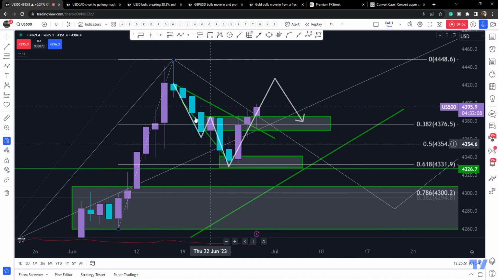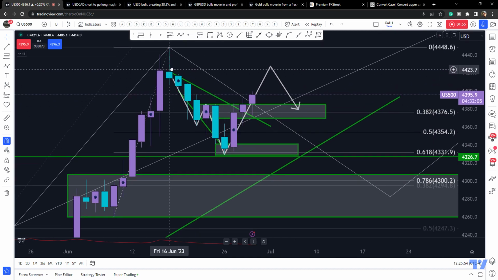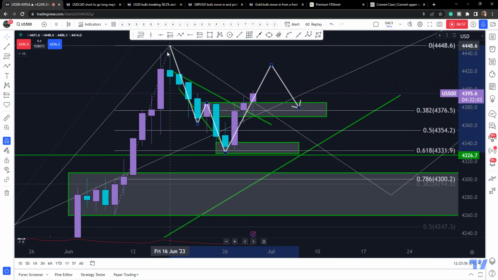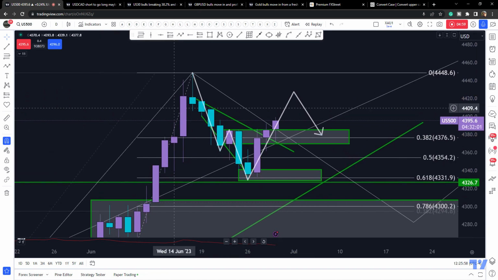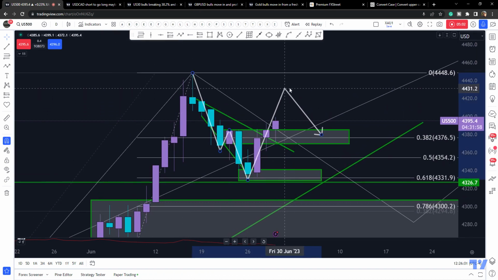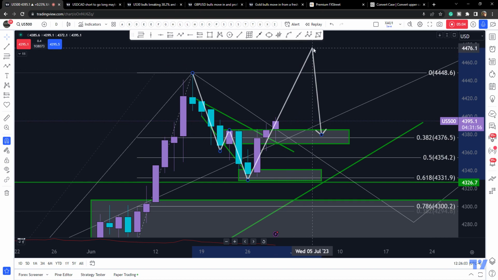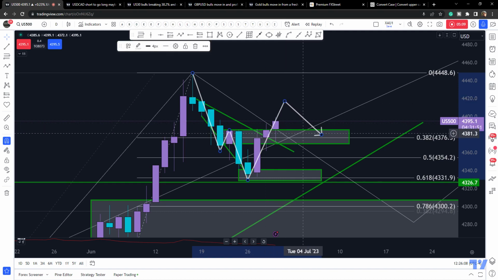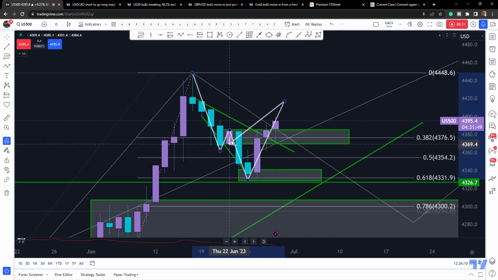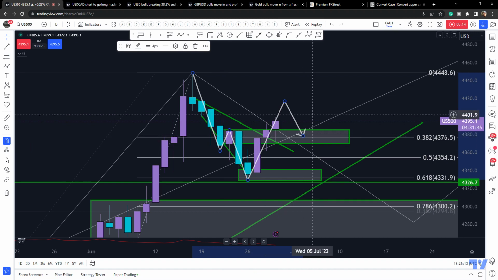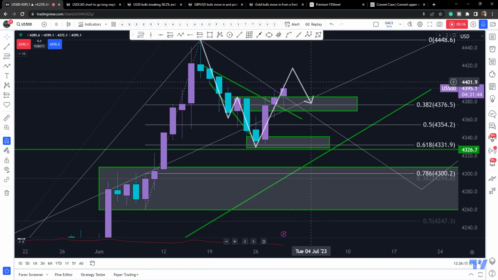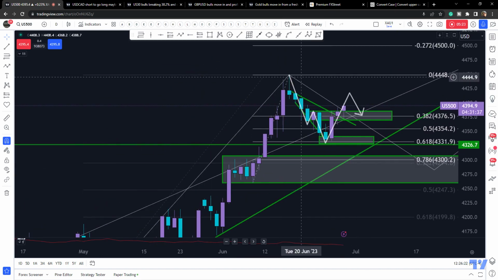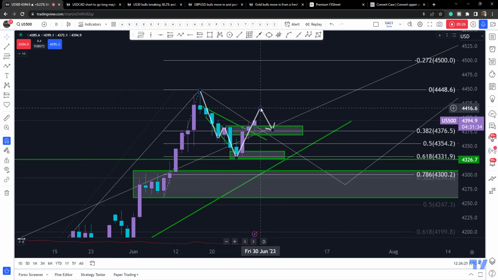So that is the thesis for the time being, is that we're heading higher, breaking out of the flag, potentially to continue on up, or we're going to find resistance somewhere along the line, or we're going to have a retest of that candle before the next move up, or this is just going to fizzle out, be a false break, and we're going to come lower. But for the time being, it looks like we want to go higher.